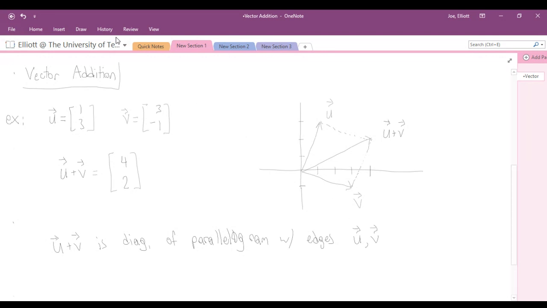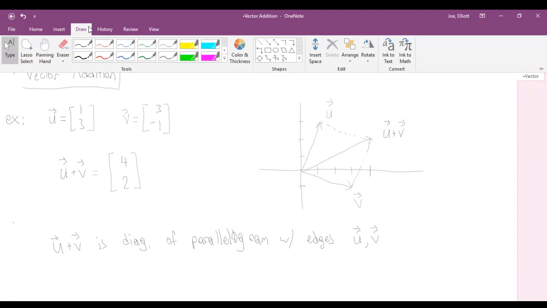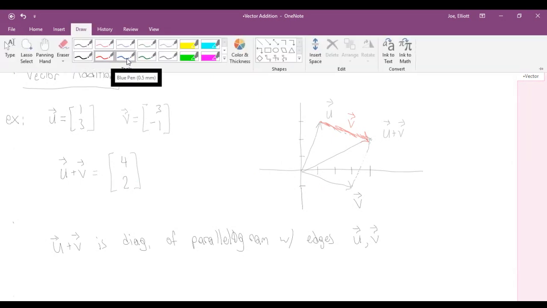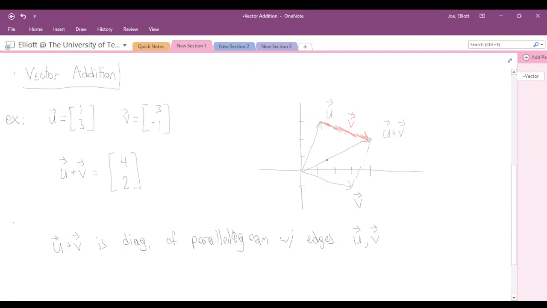Another way that you can think of vector addition is, if I take the vector v and I draw it starting at the end of u, you can think of u plus v as forming the third edge of the triangle formed by u and v, like that, okay?